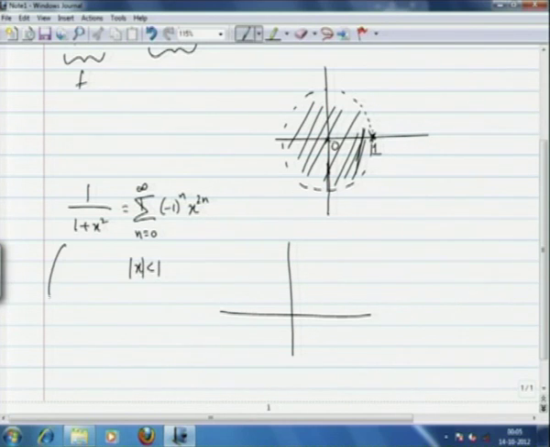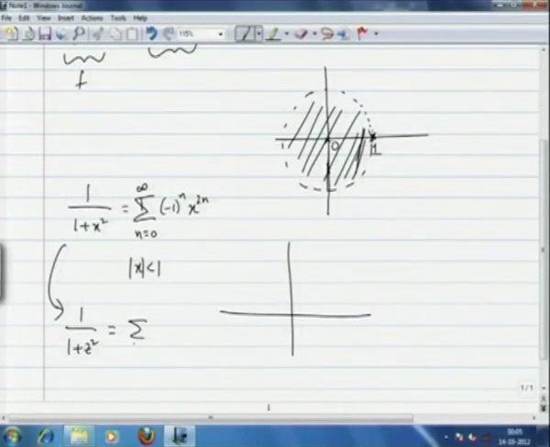Okay. So, the situation becomes clear when we graduate to the complex function 1 by 1 plus z squared. Let us consider the corresponding complex function, and it has a very similar Taylor series expansion. It is n equals 0 through infinity minus 1 power n z power 2n around z equals 0, and this is valid for modulus of z strictly less than 1.